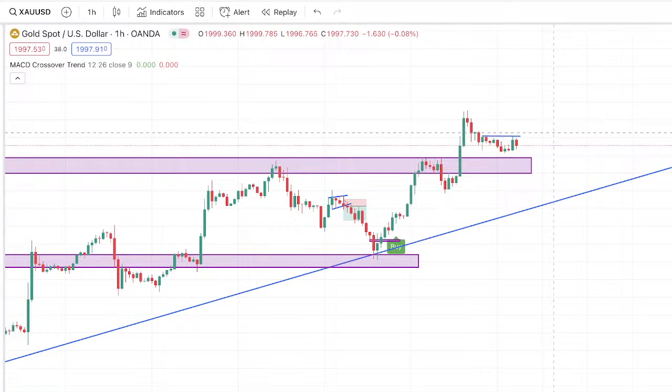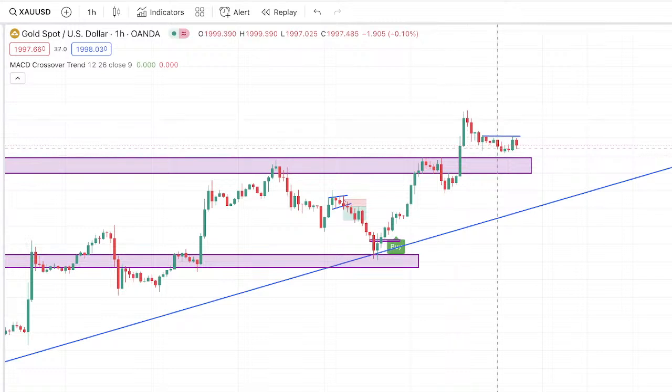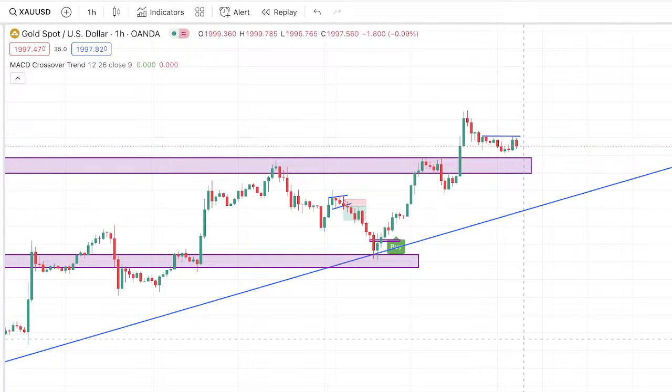But why did I get into this trade? Since we always have this kind of strong bullish momentum, we have a pullback to the Fibonacci zone, which is, let me show you this quickly.